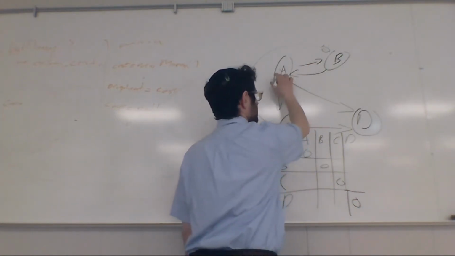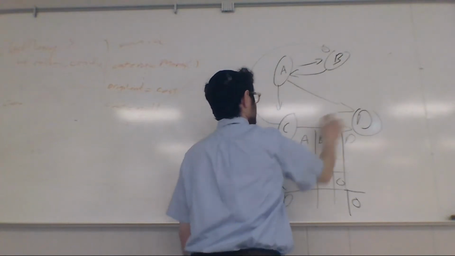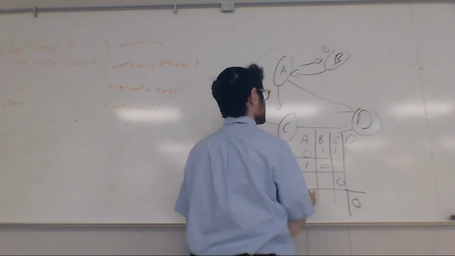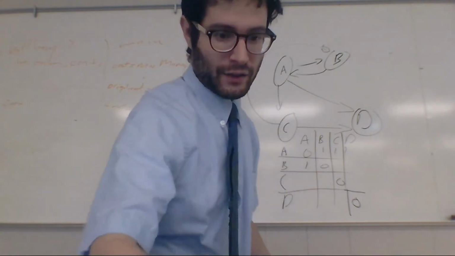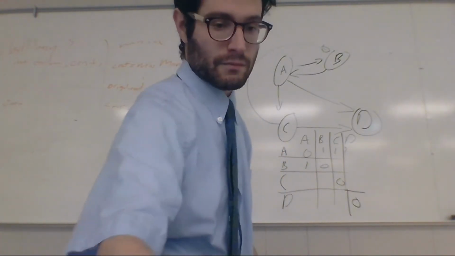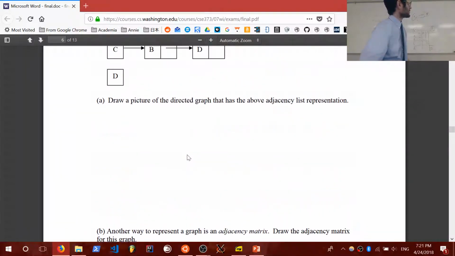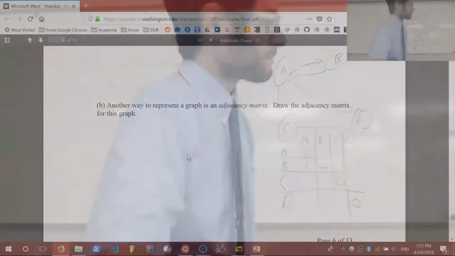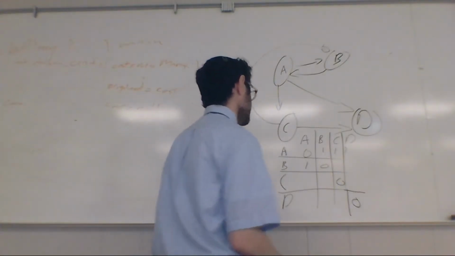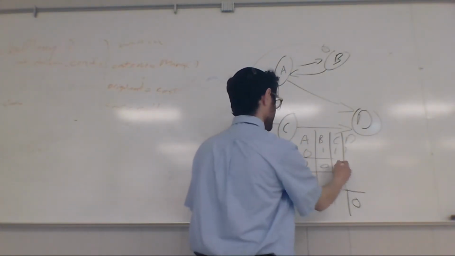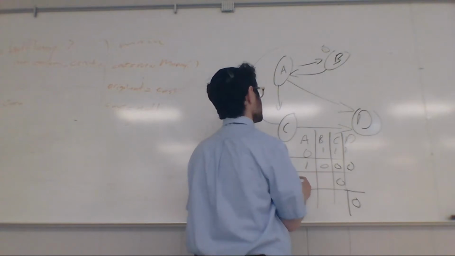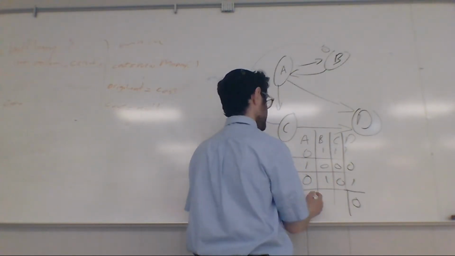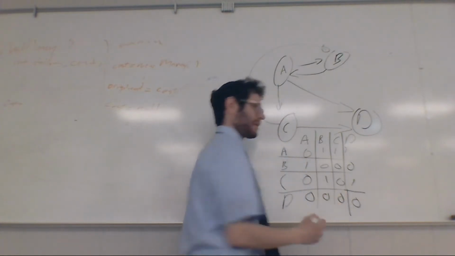A has edges to B, C, and D. So 1's over here. B goes to A. Was there anything else that B was connected to and I just happened to miss it? Nope, B just goes to A. And doesn't go to anywhere else, so 0's there. C goes to B and D. And D doesn't have edges to anybody else.